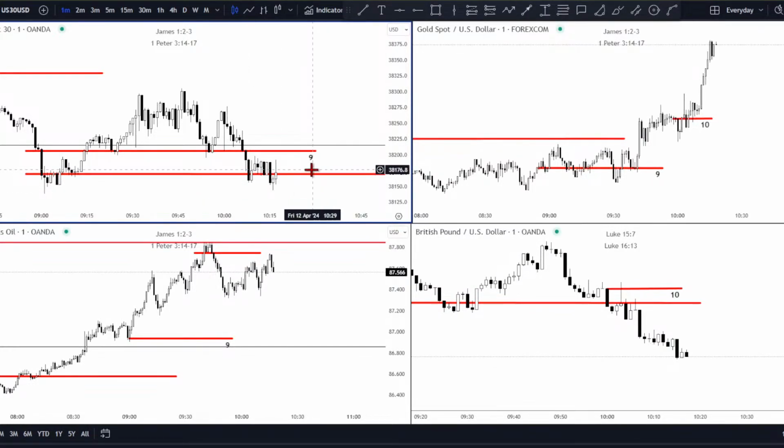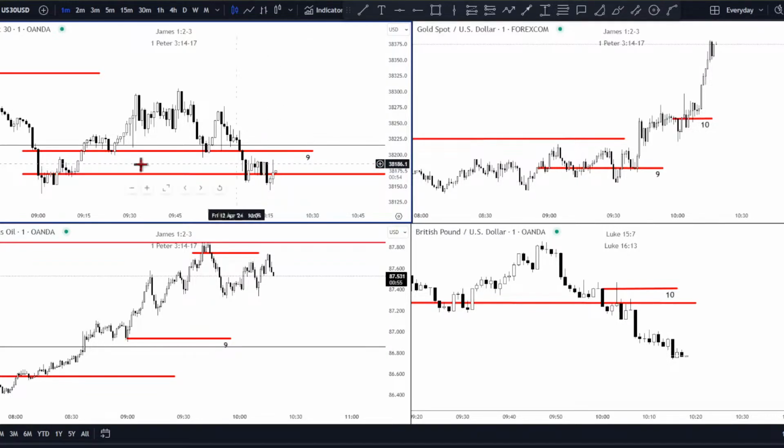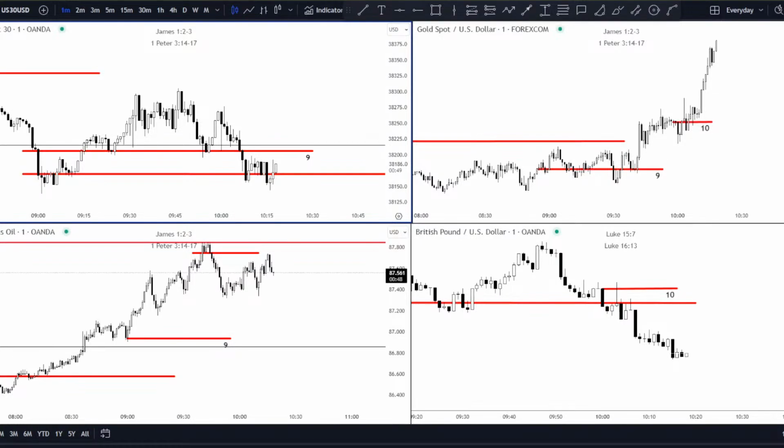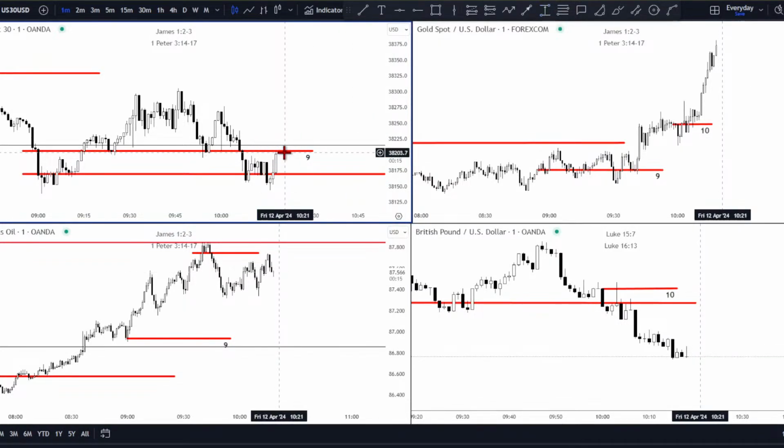We're gonna see, but if they just keep going lower, then well, nice. How big is this little candle right here? Oh, that's a big candle. Okay.